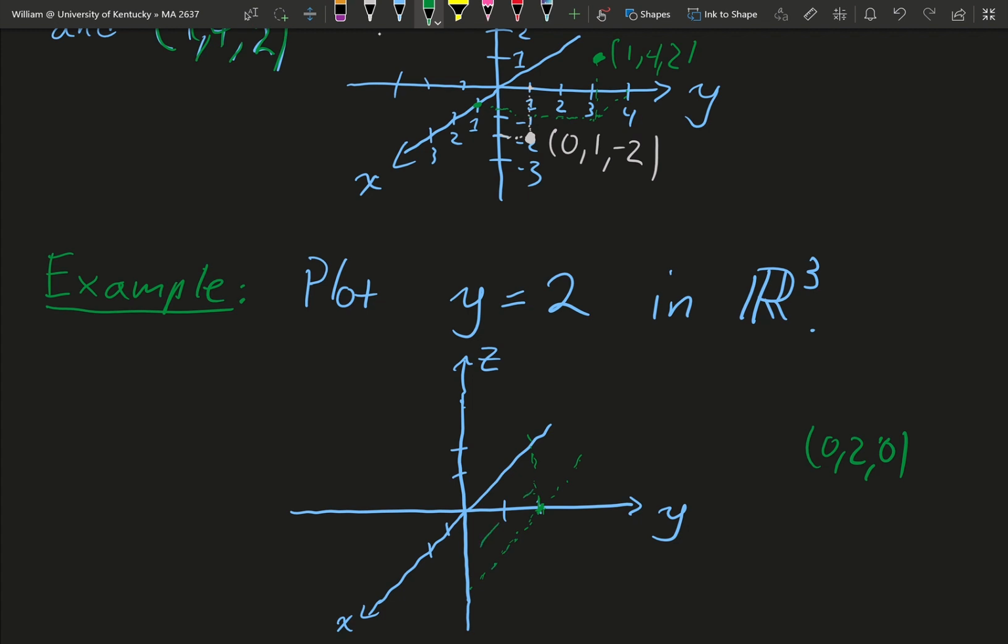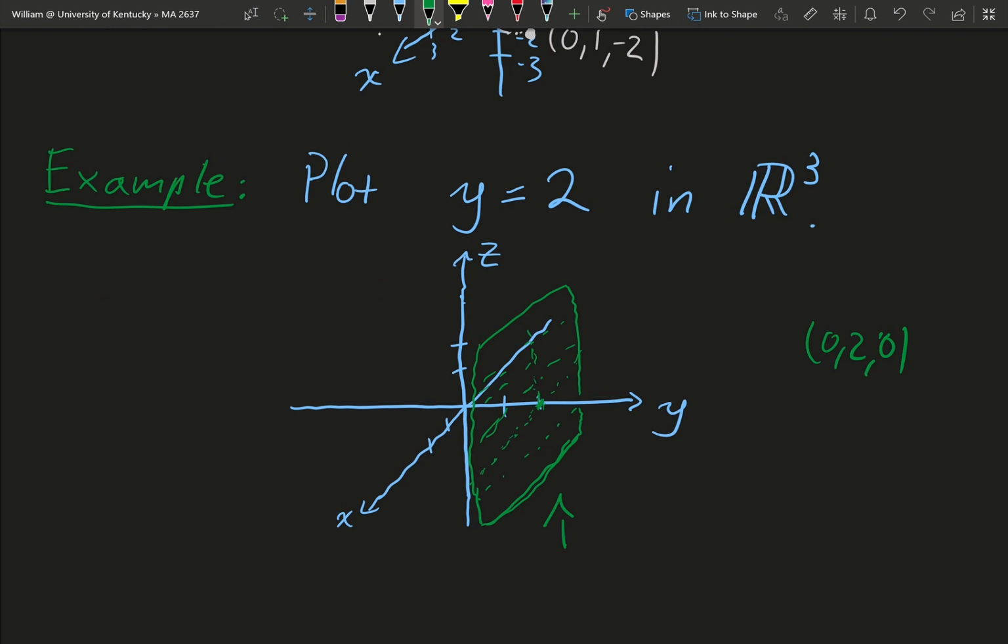If I draw in some things like this, you can get a sense of what it's probably going to look like. I'll try my best to draw that in perspective. What we get is a plane. So we don't have a line anymore, we now have a plane in R3.